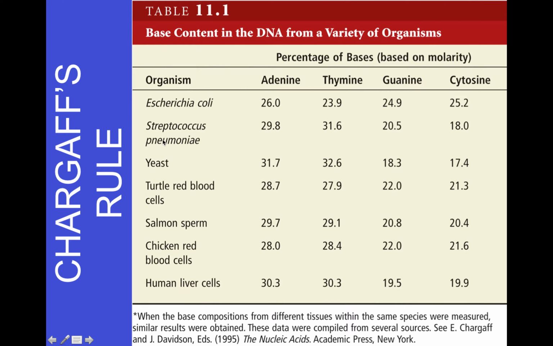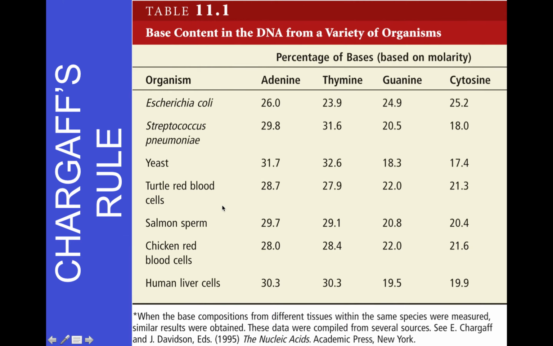Then he looked at Streptococcus pneumoniae. Remember Griffith's and Avery, McCarty and MacLeod's experiment? When he looked at strep, he found there was approximately 30% adenine and 30% thymine, but only 20% guanine and 20% cytosine.